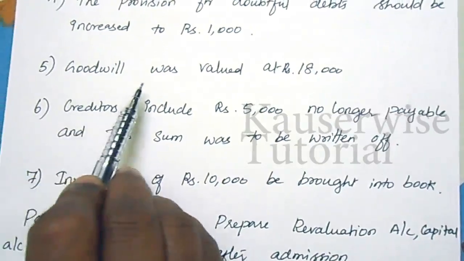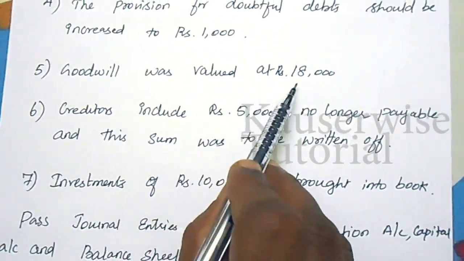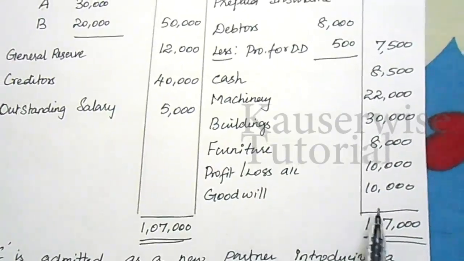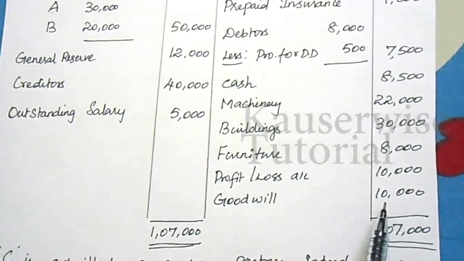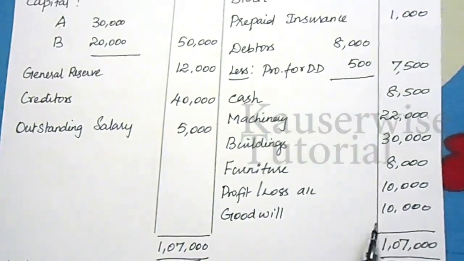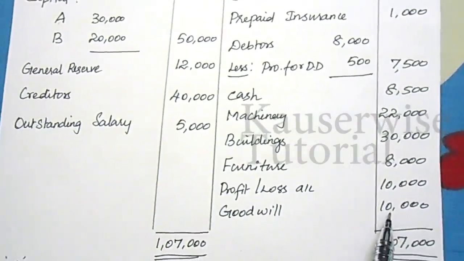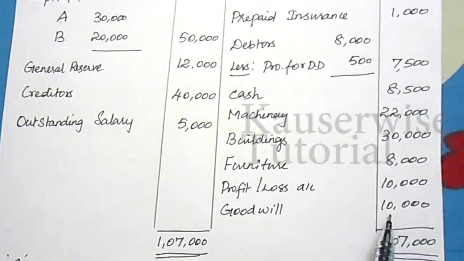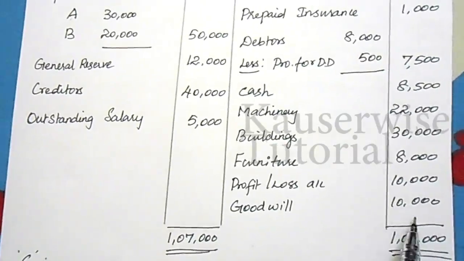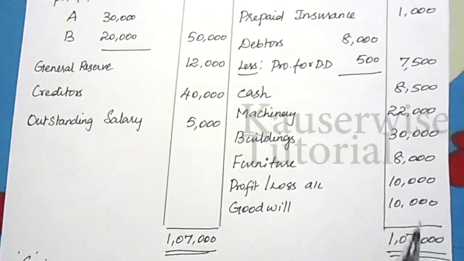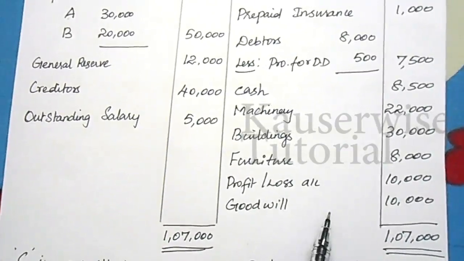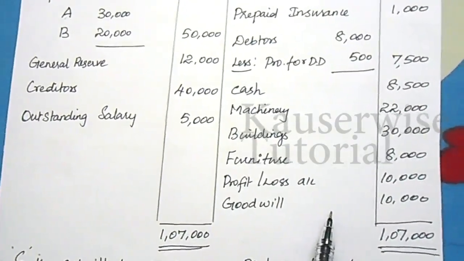Next item: goodwill was valued at 18,000. In the balance sheet, 10,000 is there. So it is understated. The appearing value is 10,000 but the revised value is 18,000. Now find the difference between book value and revised value, which is 8,000.